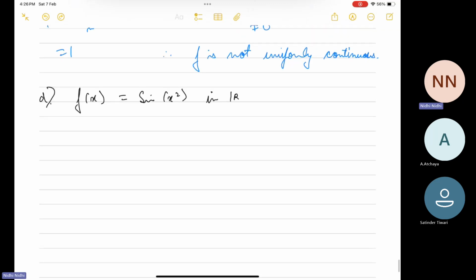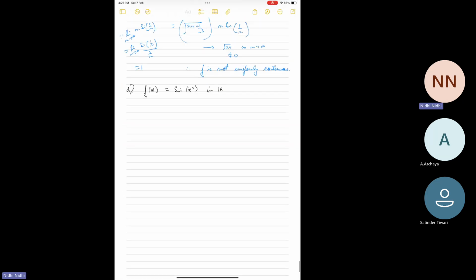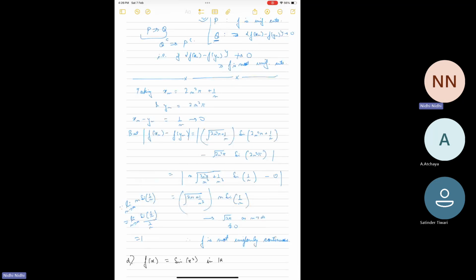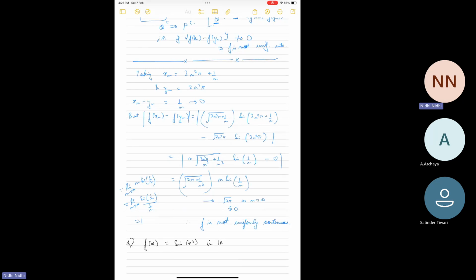Use the same result as we did above to show that the function sine x square is not uniformly continuous. Try to look for some sequences xn and yn such that the difference between them is going to 0, but the difference between sine xn square and sine yn square is not going to 0.